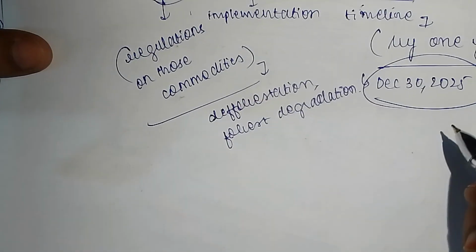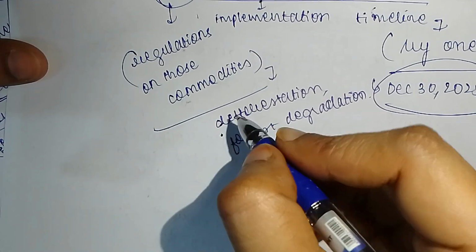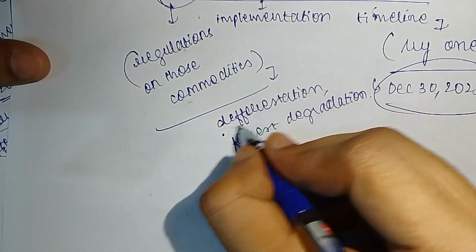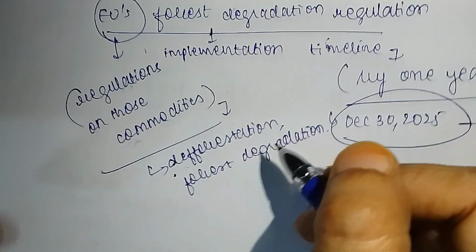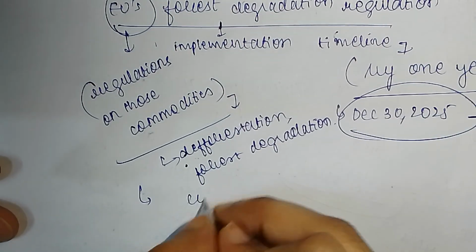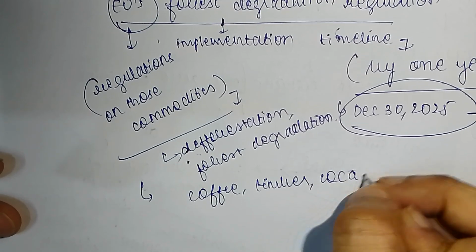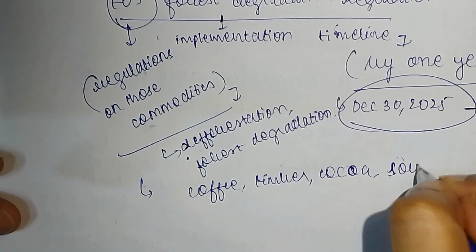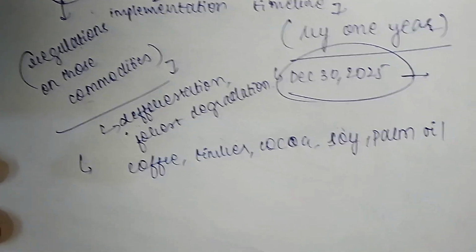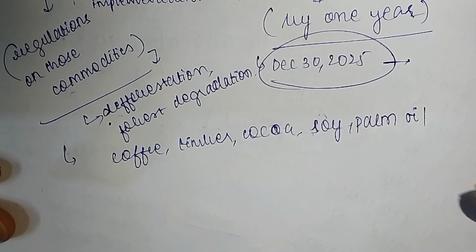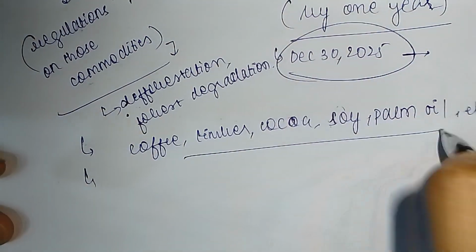It places restrictions on those goods which directly or indirectly contribute to deforestation or forest degradation. Those commodities include coffee, timber, cocoa, soy, palm oil, and so on. I have just mentioned a few of them.